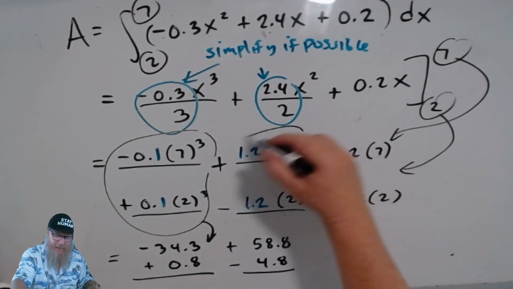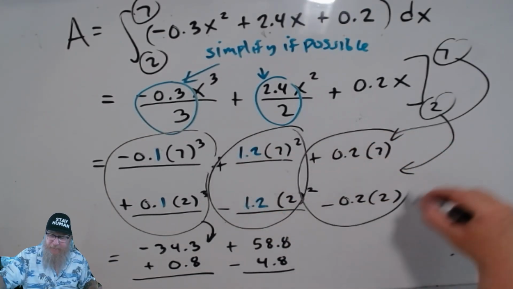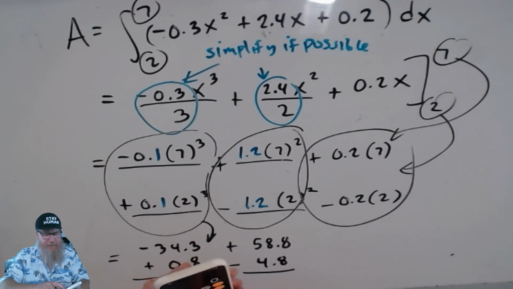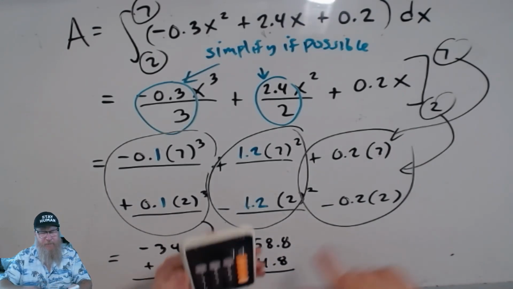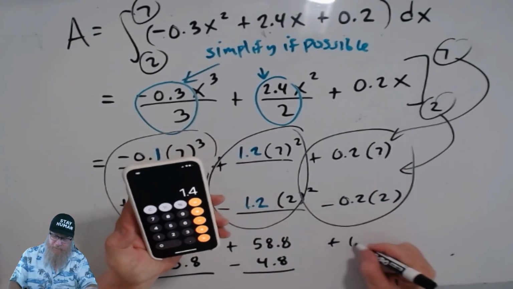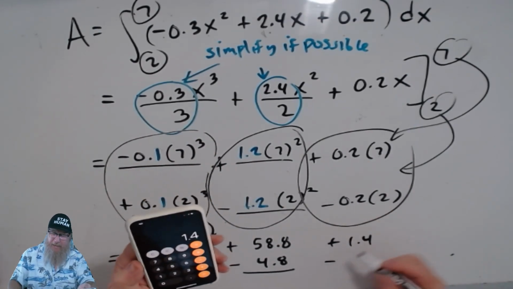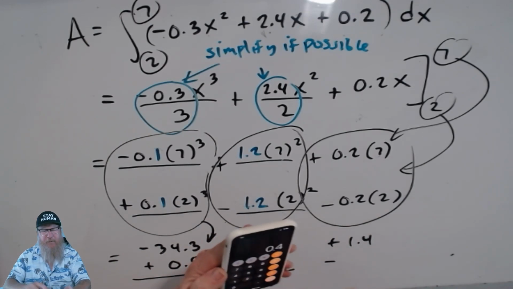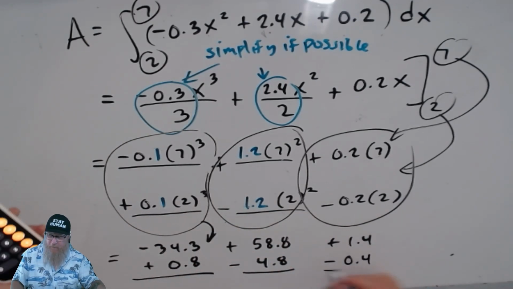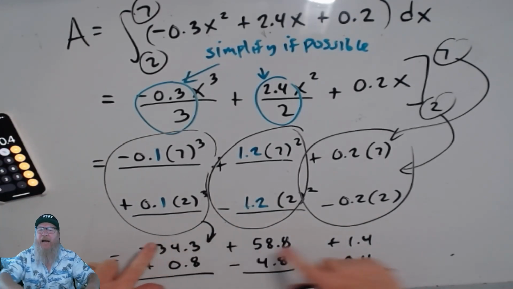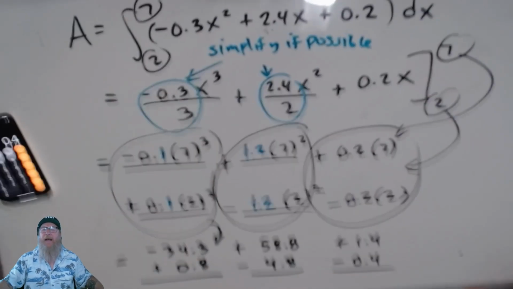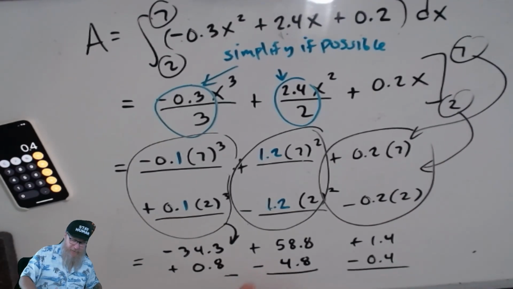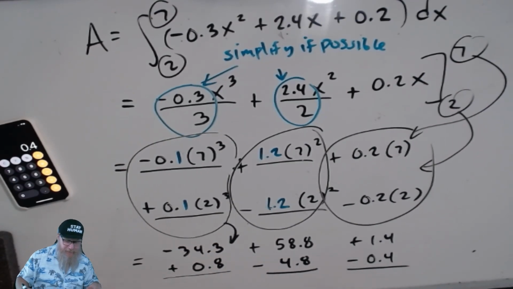And then finally, 0.2 times 7, which is 1.4, minus 0.2 times 2, which is 0.4. Now, if you prefer lining these all up horizontally, you can, but I'm doing it this way because that's the way I've written it down already.